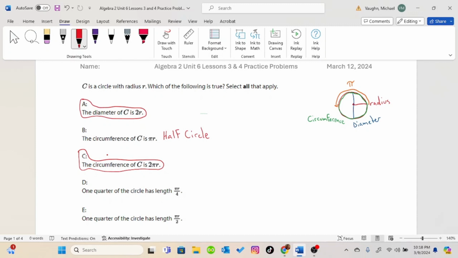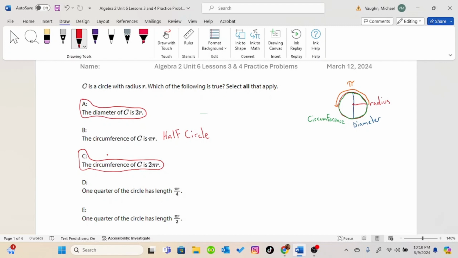And then if we look at D and E, it says 1/4 of the circle has length. So first off, you go out from the center a length of radius. And then as you go 1/4, you've gone halfway to pi.